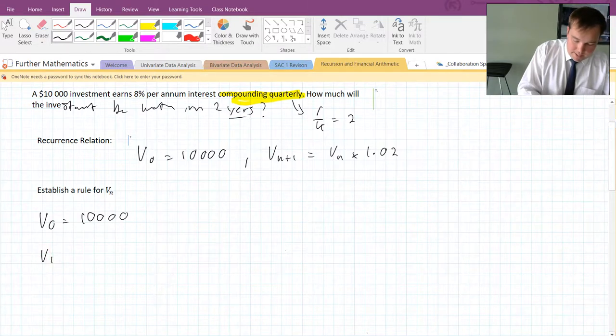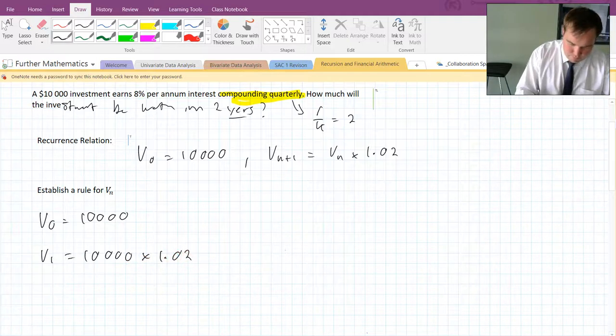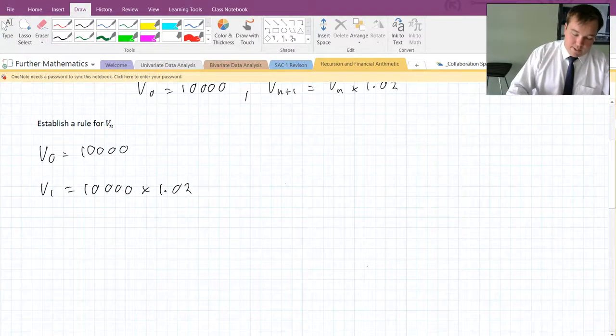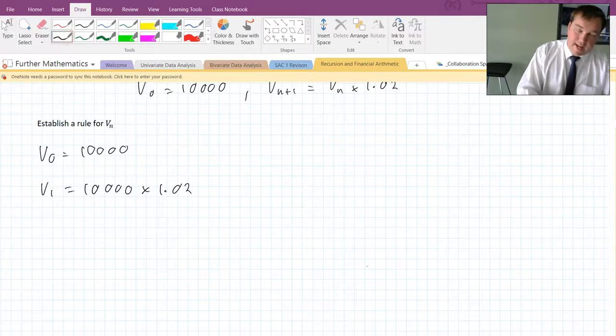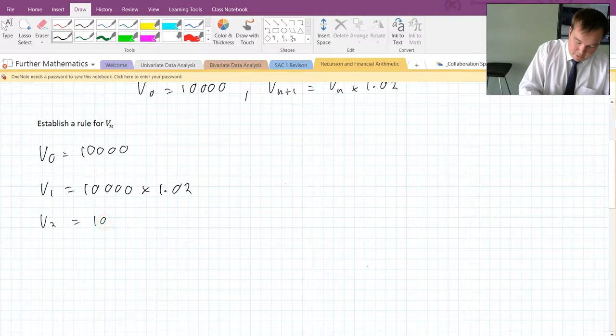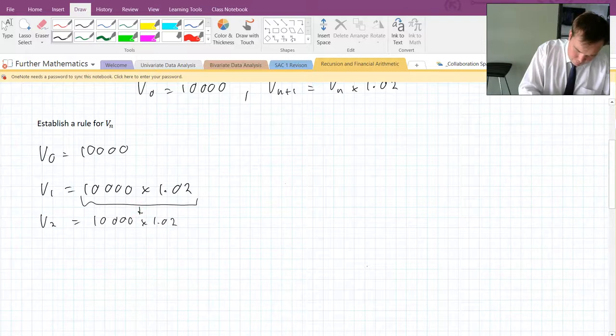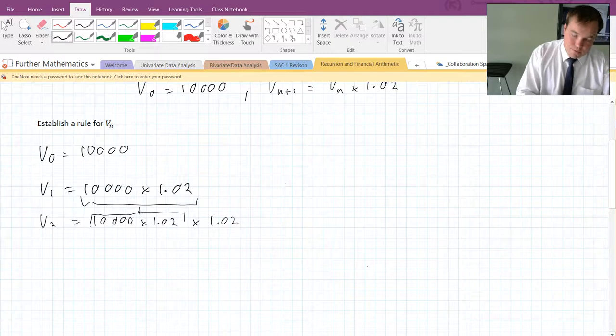We're going to take that 10,000 and multiply it by 1.02, and that will have increased some portion. Then at the end of the second quarter, we take the value from above, that value there, and multiply it by 1.02.